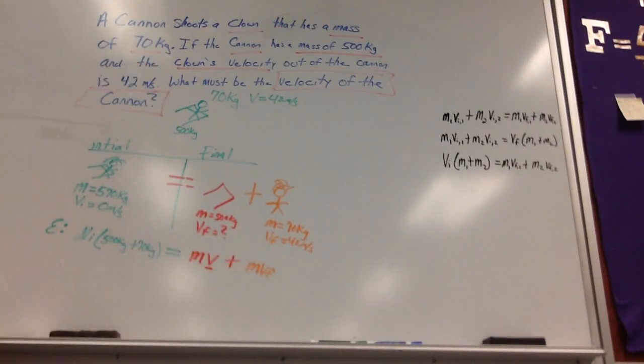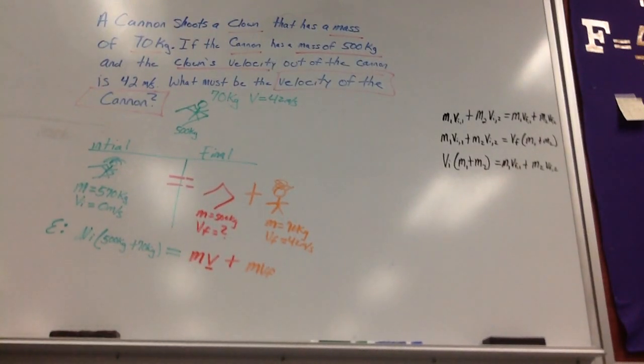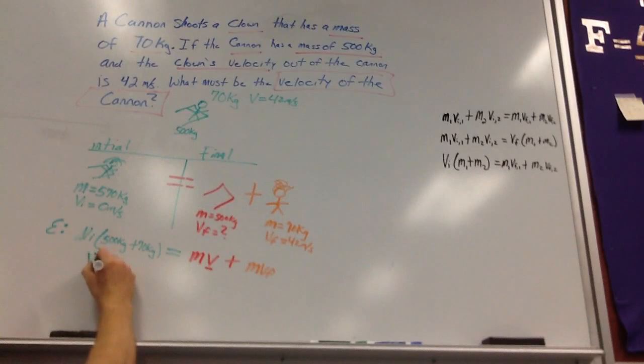So what I'm going to do now is rearrange, and I'm going to solve for velocity. So remember to do PEMDAS backwards. We're going to subtract first, then we will divide. So I'm going to subtract first. So we're going to have VI. I'm going to add these two masses together, so we're going to get 570 kilograms.